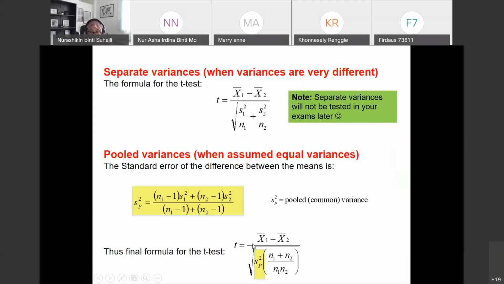Inside the square root, the Sp squared value is multiplied with the term with this fraction. I would suggest you solve the Sp squared value separately, then put the final value into here, to avoid mistakes. If you have a very lengthy workout, you tend to make mistakes. You have to be very organized in order to avoid careless mistakes. So that's the t formula.